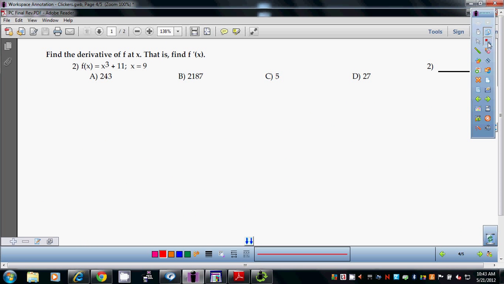All right. Find the derivative. Who remembered how to do this? That's right. Limit as h approaches 0 of f of a plus h minus f of a all over h. What's f of a?